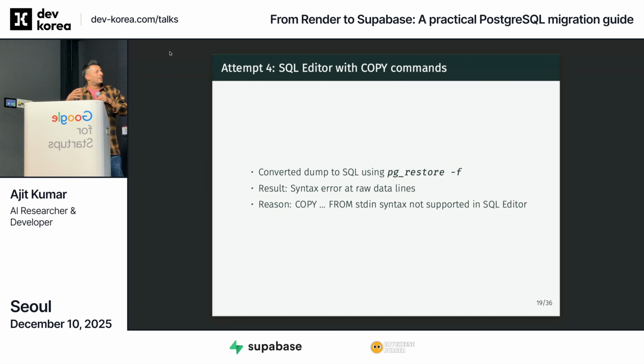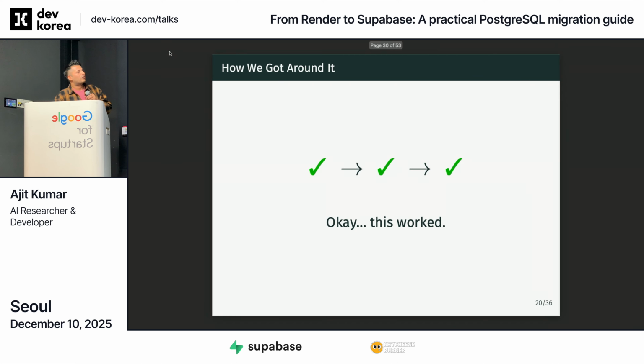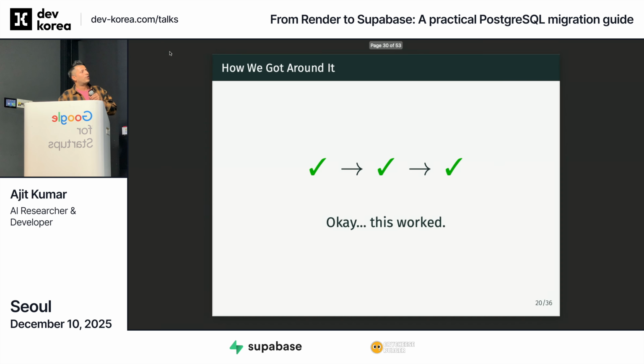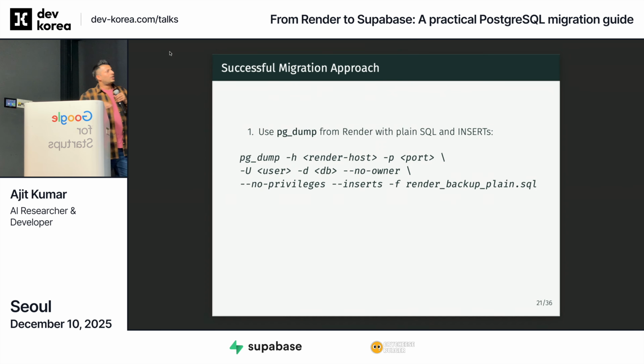Again, it will have many syntax errors because your dump was not in SQL format. So you have to take the dump in a file format, and you can just change your command again.